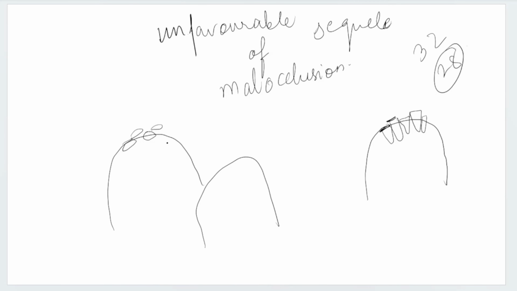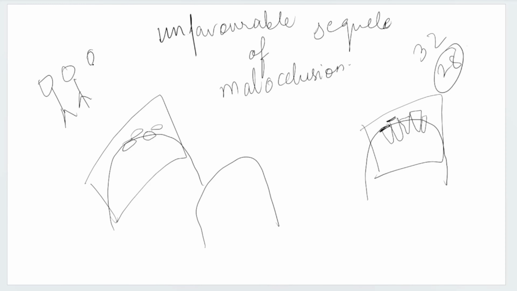The incisal portion, you must be very familiar with the labial part, incisal part, lingual part, distal part, which is also the proximal parts. Okay, this one is mostly of incisal part. This is lingually.